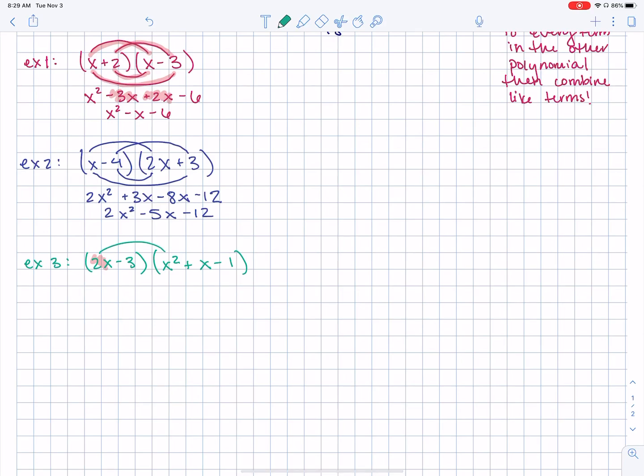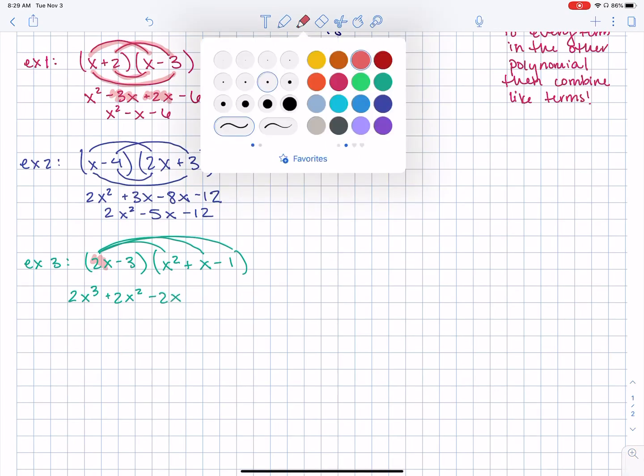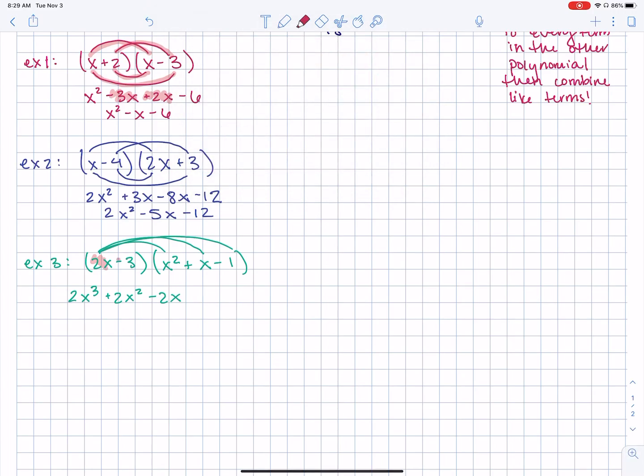So 2x times x squared, that's 2x cubed, 2x times x plus 2x squared, 2x times negative 1 minus 2x.